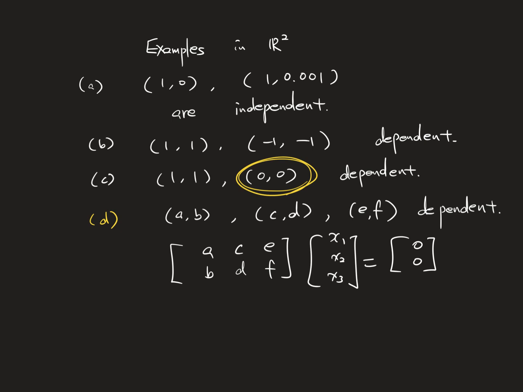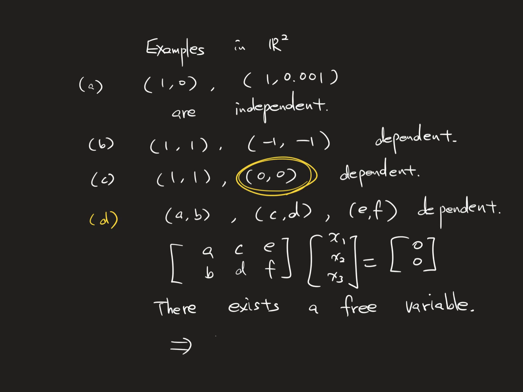In this case, there should be a free variable, because we have three variables, but the maximum number of pivots is only 2. The rank should be less than or equal to the number of rows and the number of columns, and that's why we have at least one free variable.